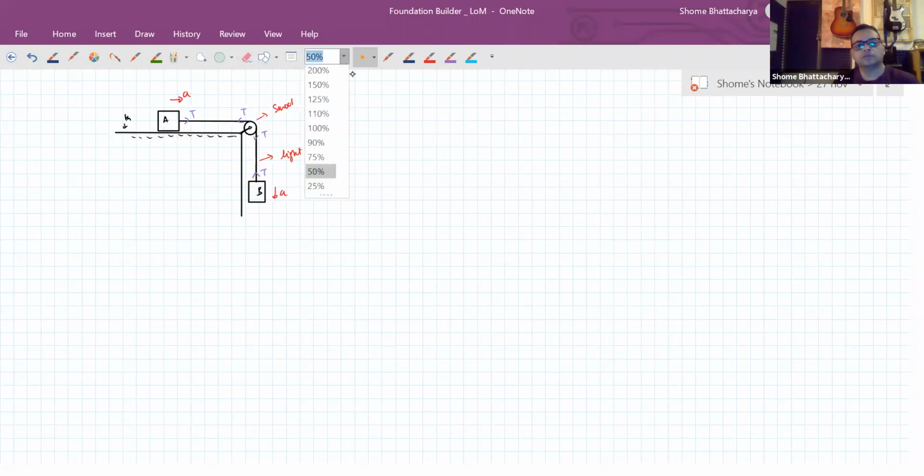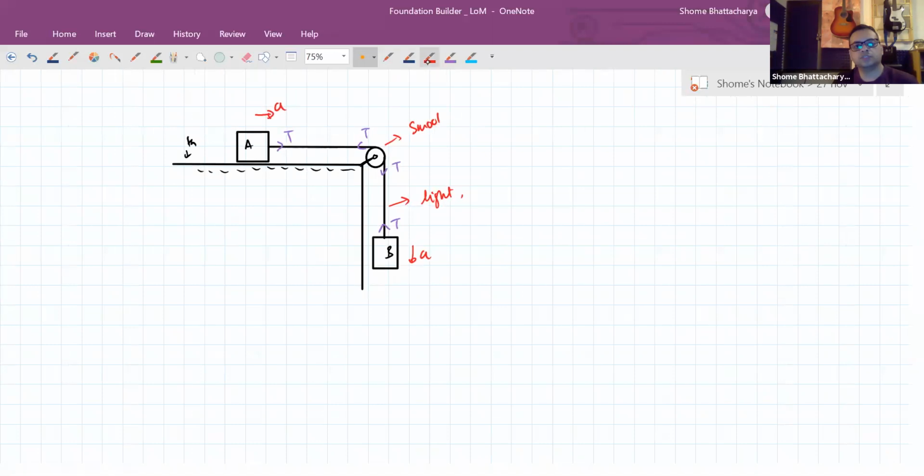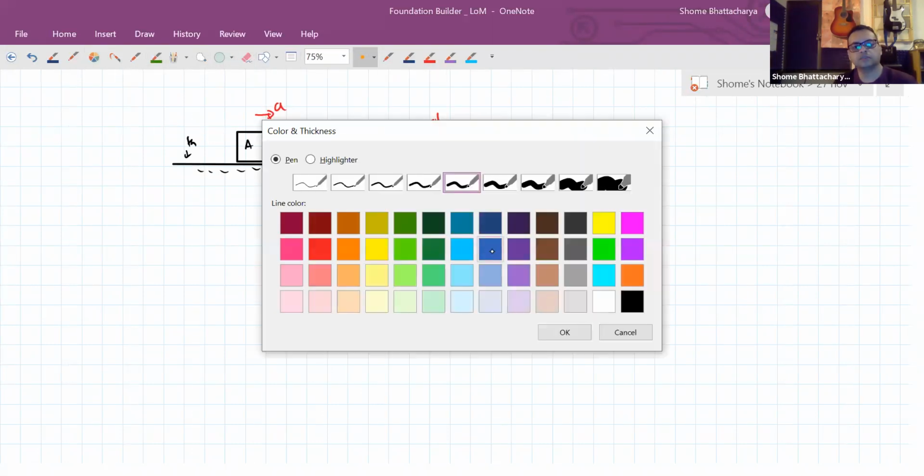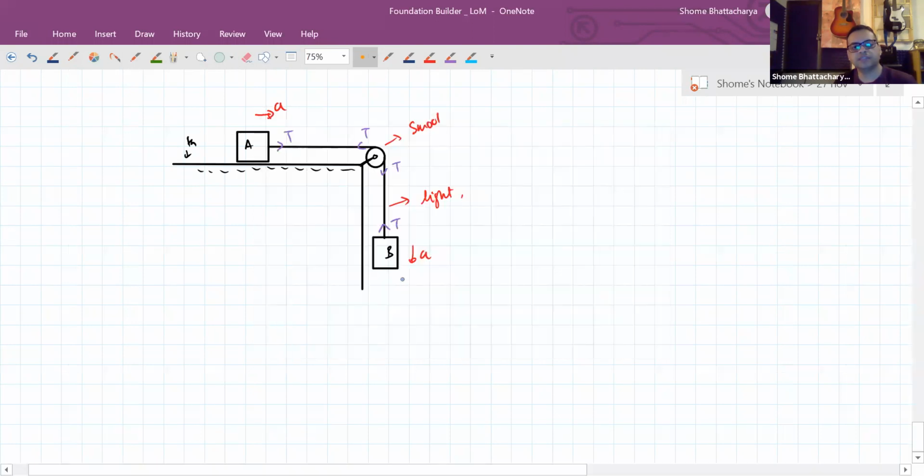Okay. So now see, in this, what all forces are acting other than what I have shown already? Other than what I have shown, which is the tension, there is the weight of this block. Okay. There is the weight of this block, and there is normal reaction acting on it. Okay. So the free body diagrams will look like this.